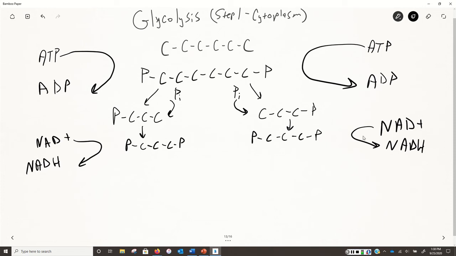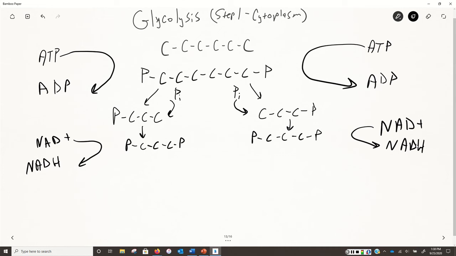If you want to write that on each side here, that's fine, but it's not necessary. So NAD plus comes along, takes some electrons and some protons, and leaves carrying those electrons and protons as NADH. Same thing over here. And the NADH just leaves. He takes those electrons and he leaves. He's done his job.